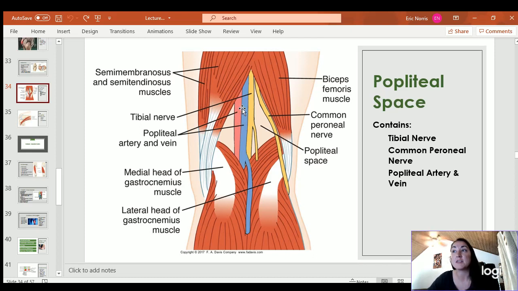And again, this is the area that would be obstructed slightly if you locked your knee for too long, and this is the vein that would be occluded and causing less venous return to flow back to the heart. So this is the popliteal space where the tibial nerve and the popliteal artery and vein are passing, and then of course the common peroneal to the side.